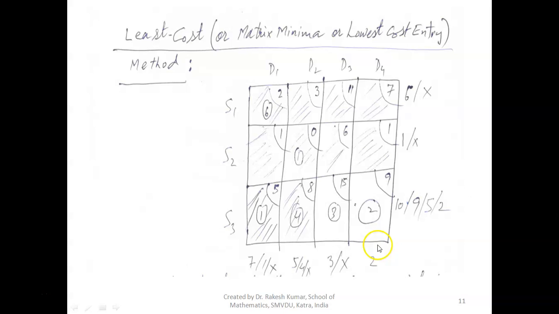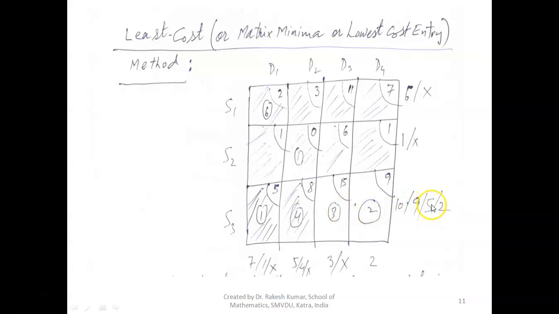Two are demanded and 5 left. So you transport 2 here, 3 left. There is no need of finding the minimum cost here, because only 3 and 2 are demanded and 5 left, so there is no other choice.